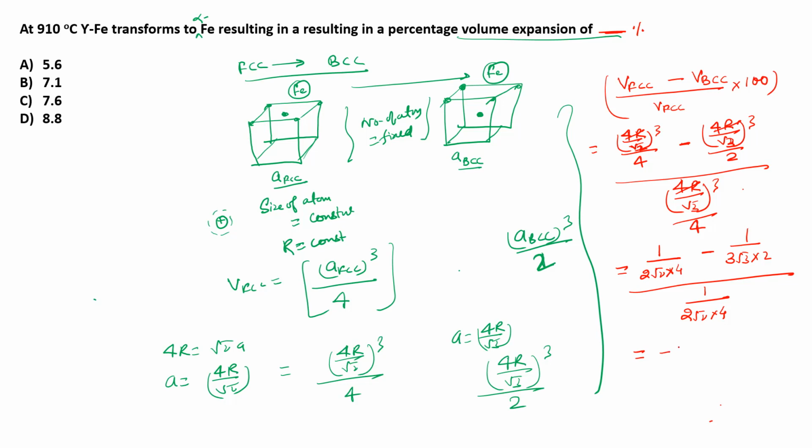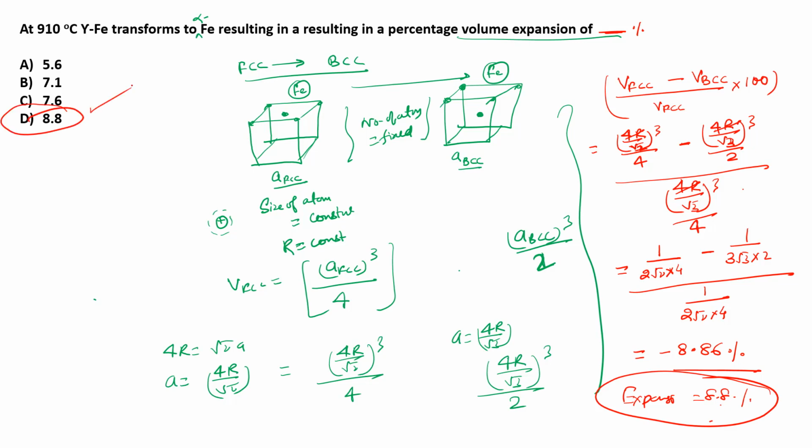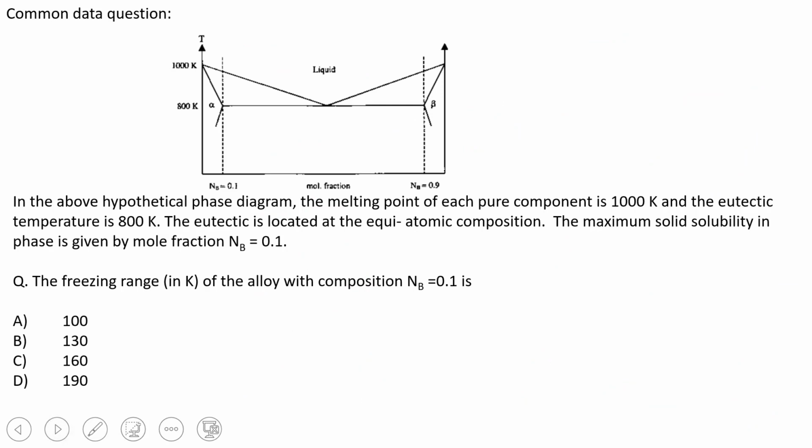Yes, so I got minus 8.86 percent. That means an expansion of 8.8 percent we are getting. So option D, right? Let us move.